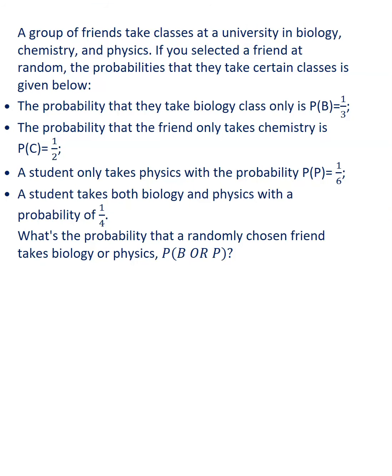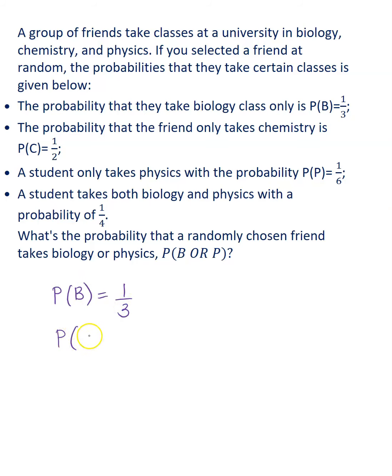Let's try and use the addition rule in this problem. A group of friends take classes at a university in biology, chemistry, and physics. If you selected a friend at random, the probabilities that they take certain classes is given below. Let me just copy down the pertinent information. Probability of taking a biology class only is 1 over 3.